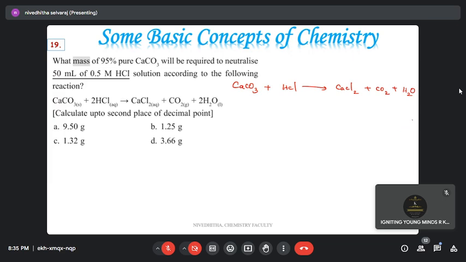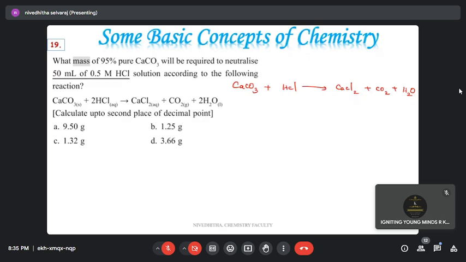Ma'am, is the answer option C? Okay, we'll see. Who told me the answer? Ma'am, Poondamararasi. Okay, Kanna, we'll see. Fine. What is the balanced equation? Ma'am, can you please tell me the balanced equation?